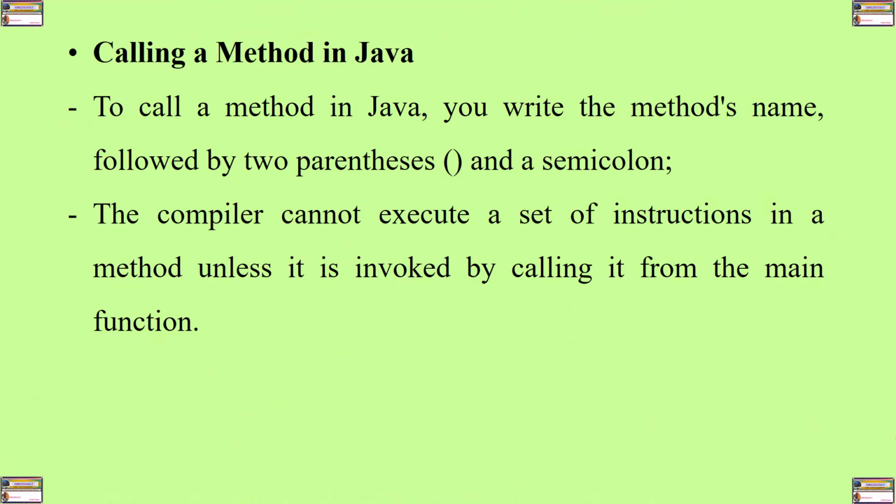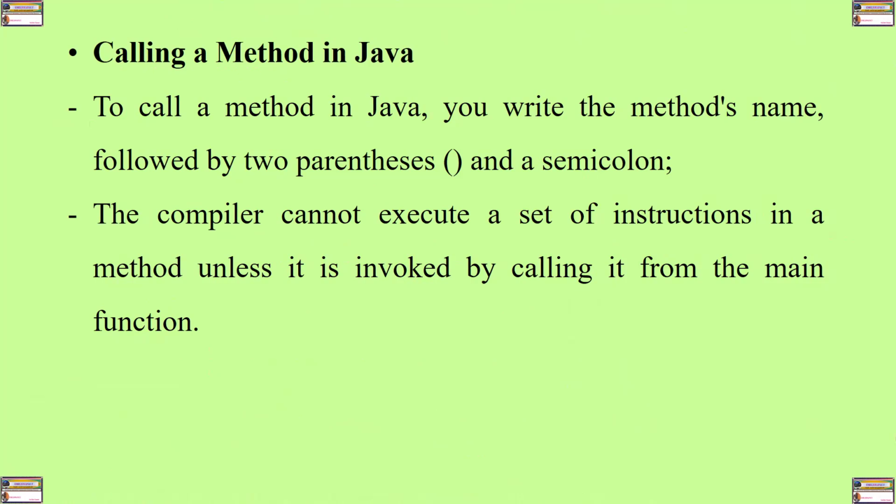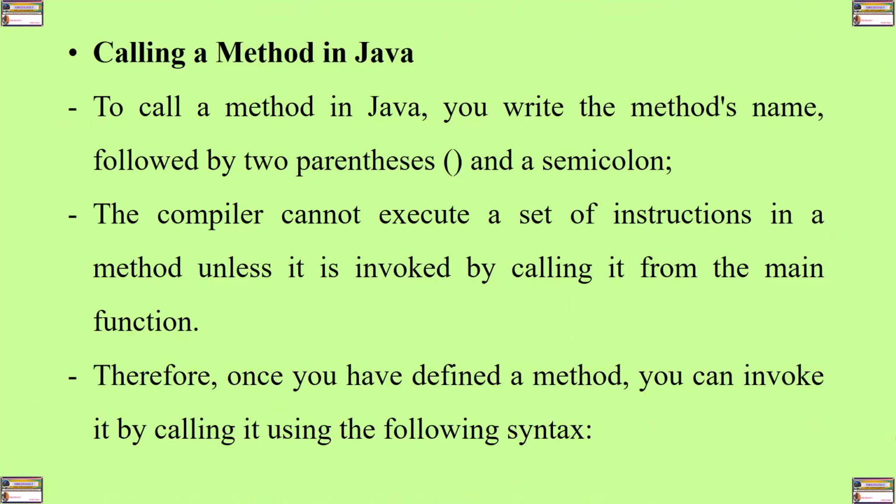The compiler cannot execute a set of instructions in a method unless it is invoked by calling it from the main function. So if you have broken down your program into several methods, what you're supposed to have within the main method is only the call statements for the methods. You don't need to retype the code afresh.